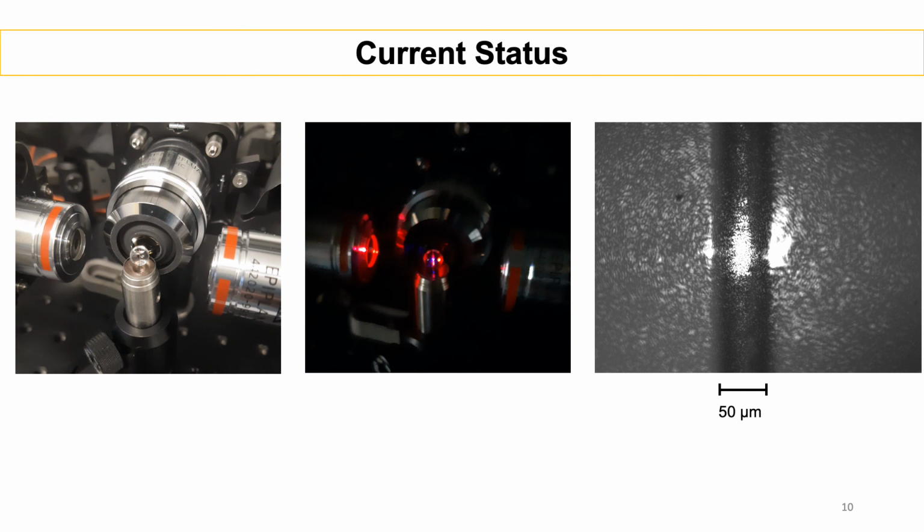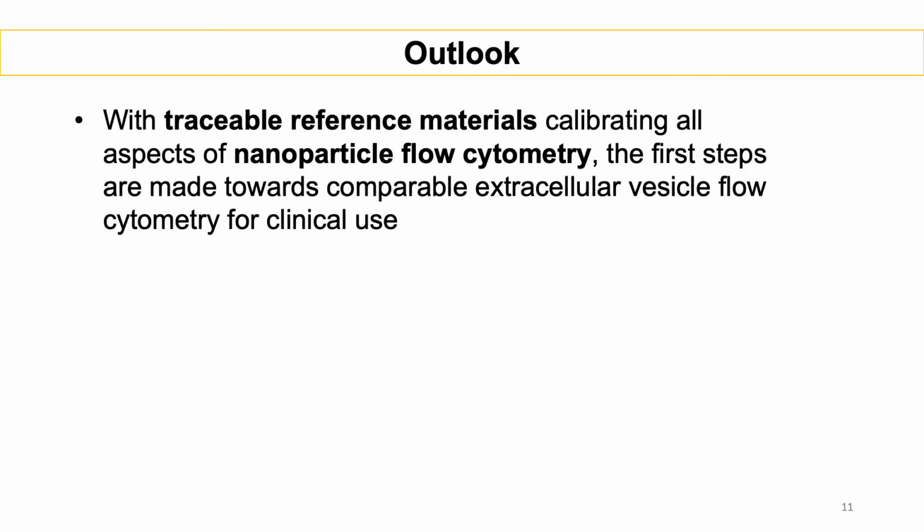However, the flow cell is now placed on a stage, as the mount for the cell is still on its way. We do have all the other components of the fluidics in place, so we think we can start real measurements as soon as the mount of the flow cell arrives. When we can traceably characterize the reference materials, calibrating every aspect of nanoparticle flow cytometry, the way is paved to use extracellular vesicles as a biomarker in the clinic.